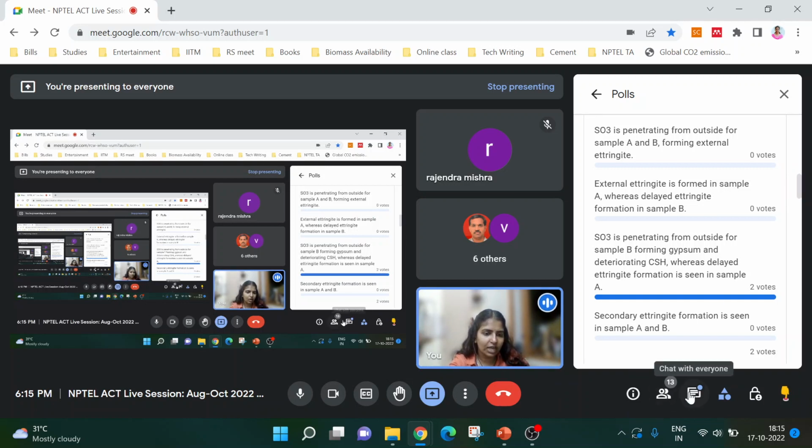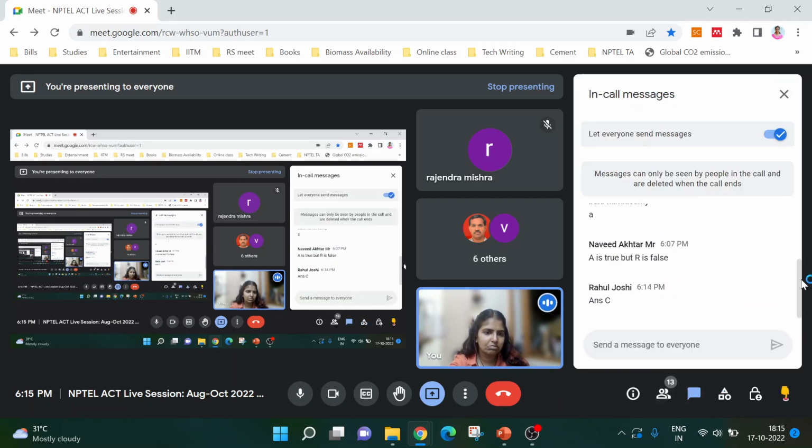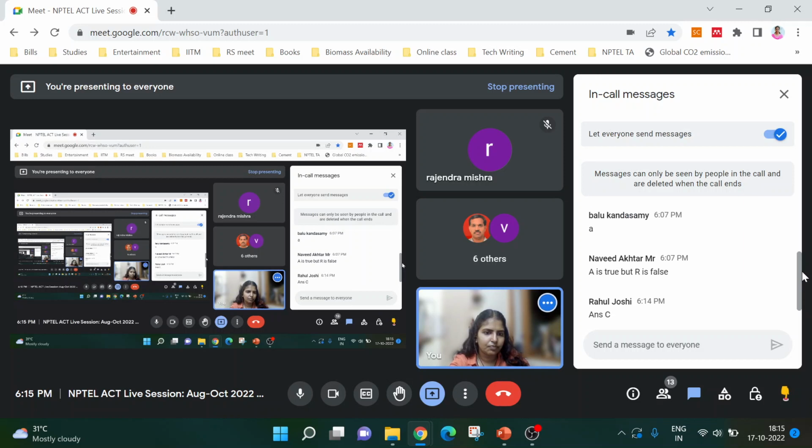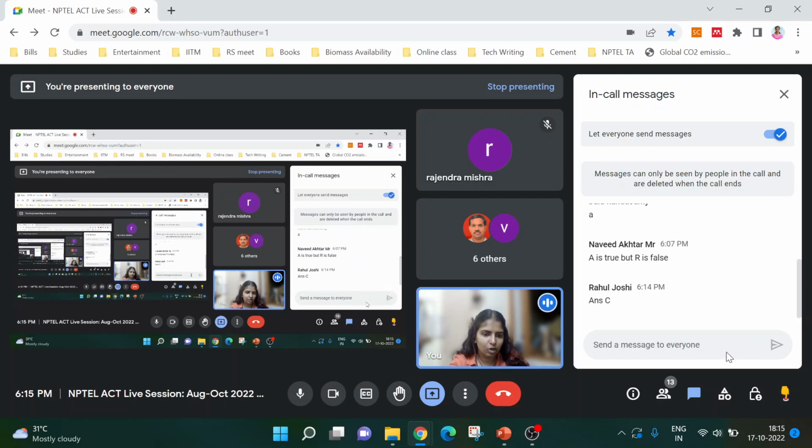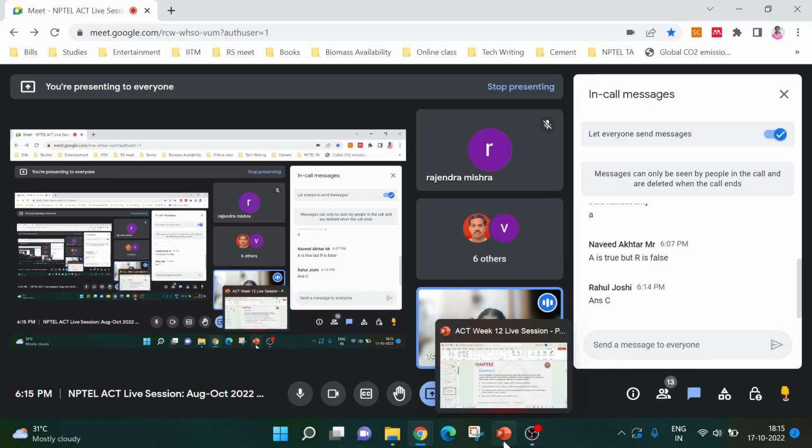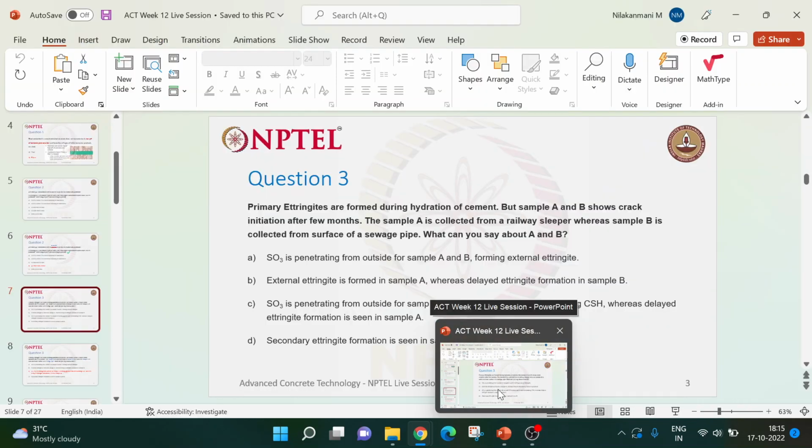There are around 10 people in the class, but someone has picked option C here. Option C is the right answer, but not many people have given answers. I request everyone to give your answer, even if it's right or wrong, that doesn't matter. Let's see how much you are able to understand the topic now. It's going to be the last week also. Next week we'll be having one more live session on Monday.